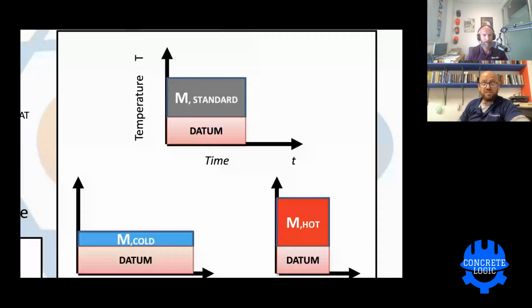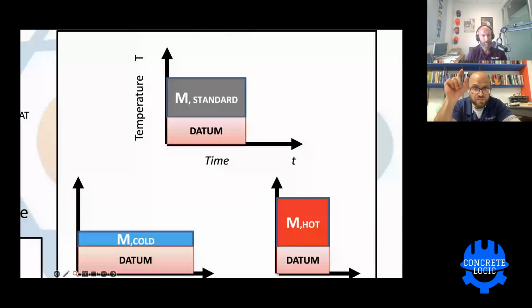You might have to wait till the kid's 15 or even 18 years old to bench 135 pounds. It's the same thing here. What we determine in our standard maturity or laboratory maturity curves is, in the basic or standardized environment with all things being perfect and equal, this is what it will take to get my concrete to a certain age where it can support a certain strength, right?